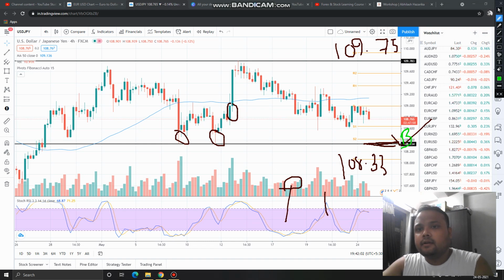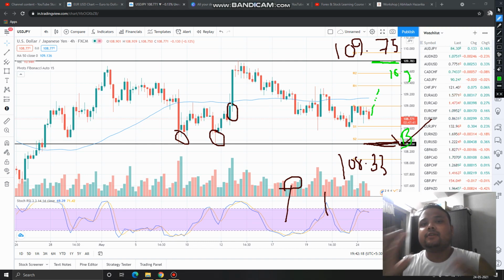On the other hand, if the market suddenly goes up from here, then just observe the price at the 109.75 level.